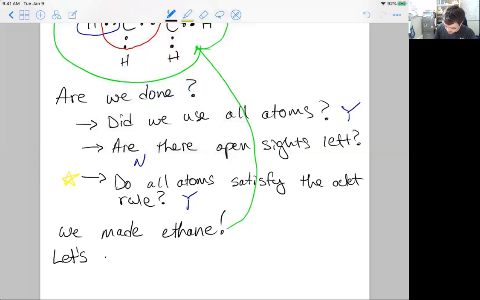So let us introduce an O. Now, what I mean by that is we're going to take our same atoms from before, but also have a neutral oxygen atom in the mix.